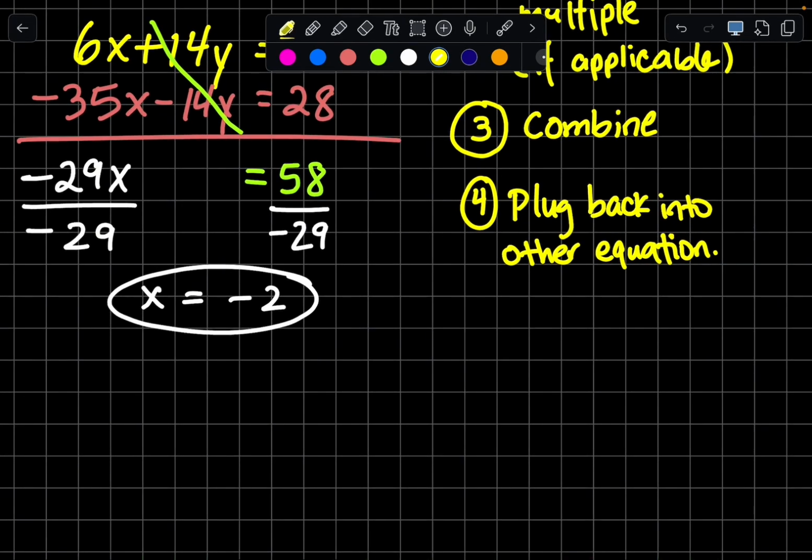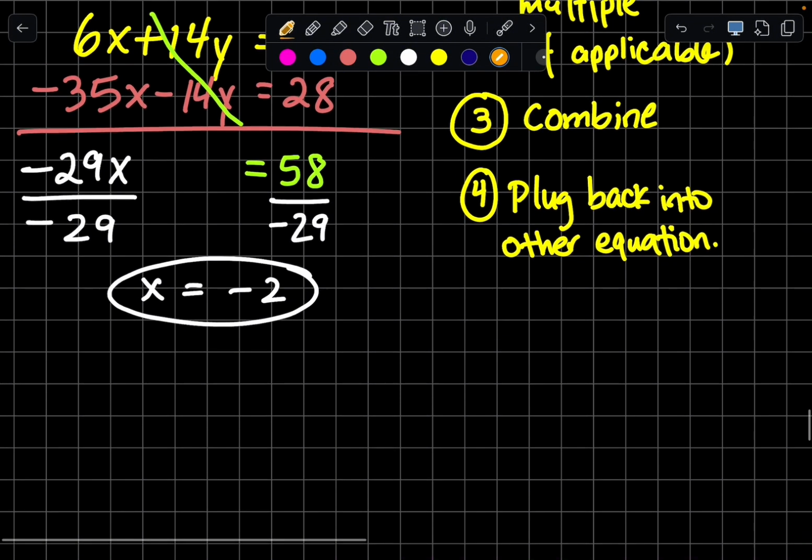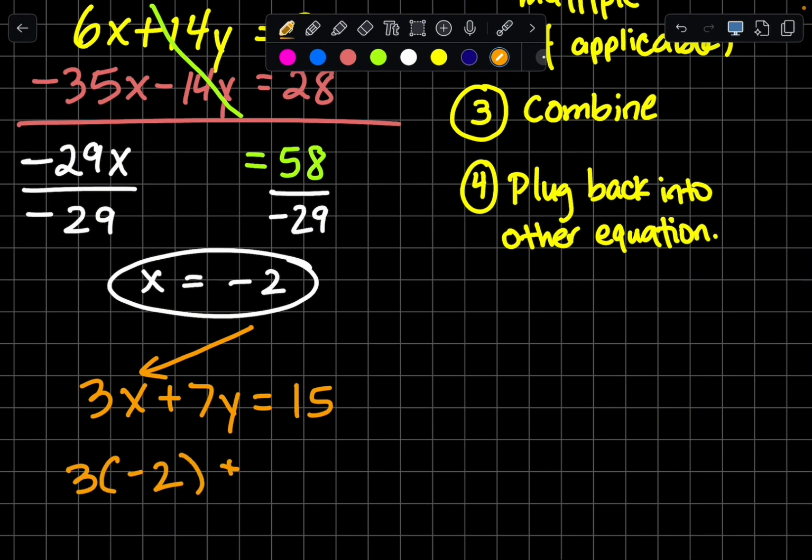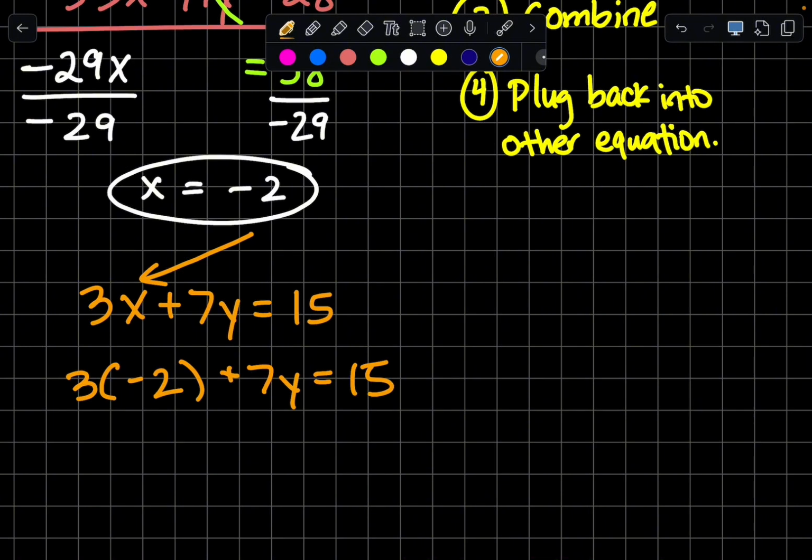So for example, we had 3x plus 7y equals 15, right? That was the beginning one. I'm going to take this value of x equals negative 2 and plug it back in for x. So that'll be 3 times negative 2 plus 7y equals 15. Negative 6 plus 7y equals 15.